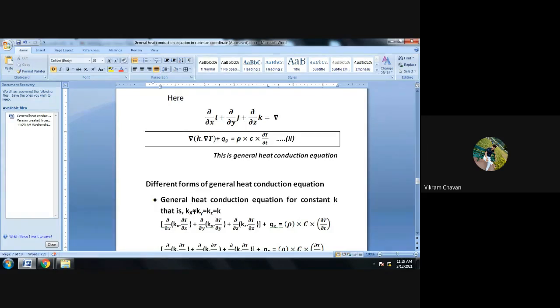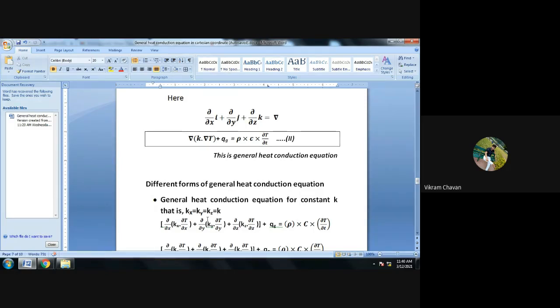With the axis the thermal conductivity is constant. That is our assumption, and on that basis we are modifying our general heat conduction equation. So consider k suffix x is equal to k suffix y is equal to k suffix z is equal to k. That means the thermal conductivity is constant.